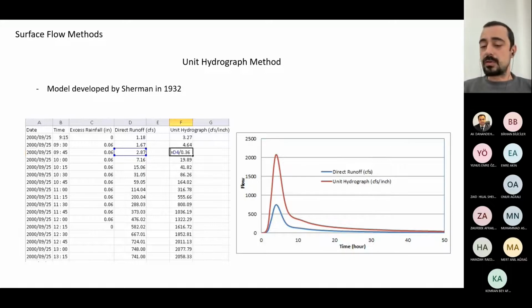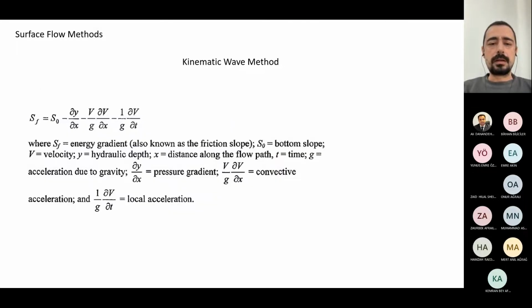Now we are going to the surface flow methods, unit hydrograph methods. The kinematic wave method you can use if you are willing to add a subcomponent, a hydraulic model, inside of your hydrological model.